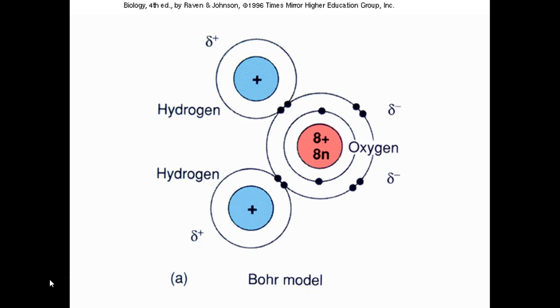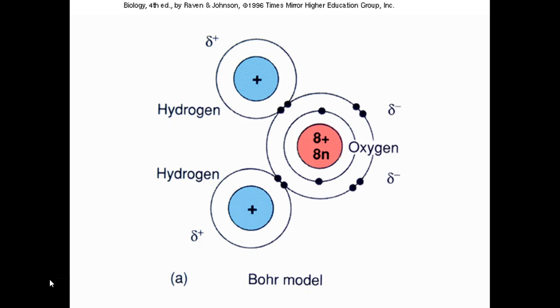It actually goes and forms 2 covalent bonds, one with each hydrogen. So each hydrogen shares a pair of electrons with the oxygen. So we have what we call a single covalent bond joining the hydrogens with the oxygen.